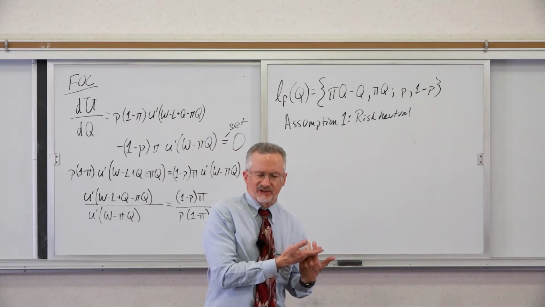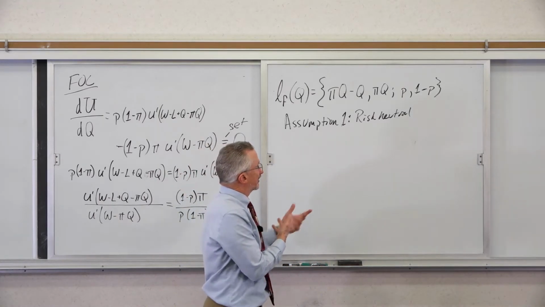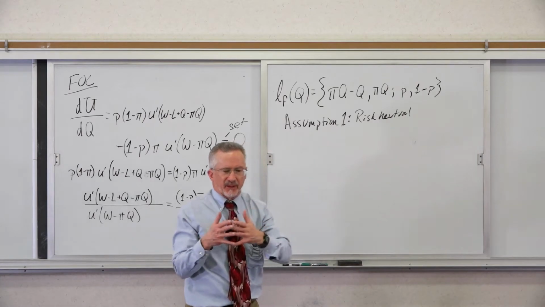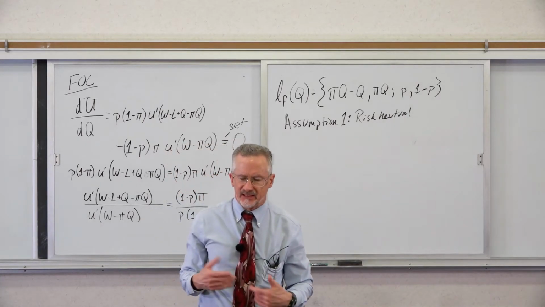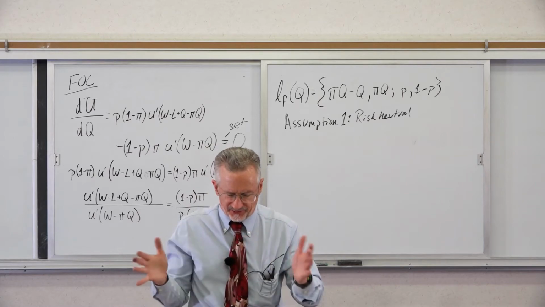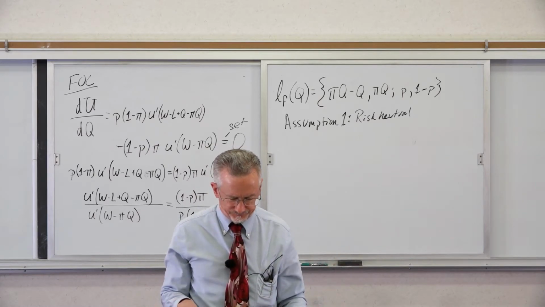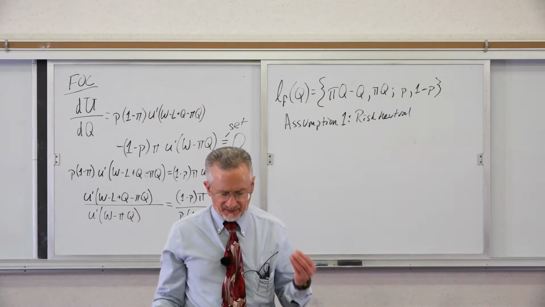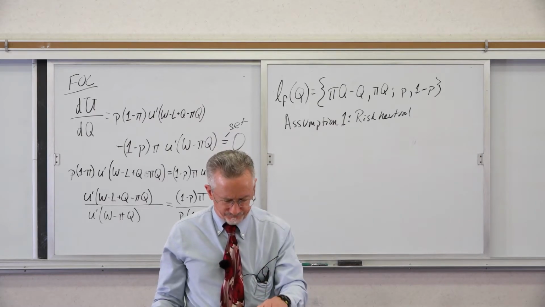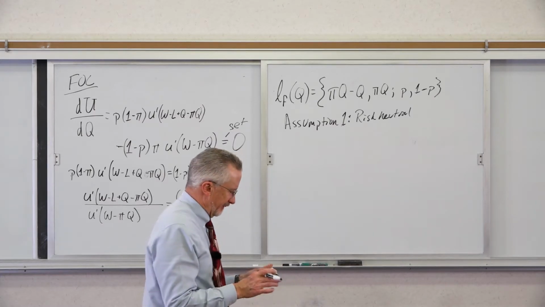We can justify this because if they're insuring independent risks, you should know that if you combine enough independent risks, you get a smaller variance, and the risks will diminish overall. Great, so we're going to assume risk neutrality.